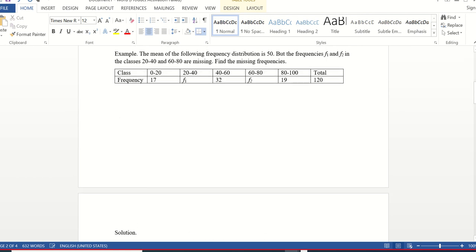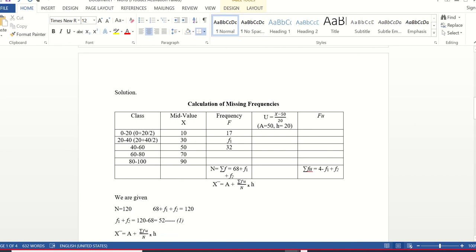I'm not doing anything specific, just writing these values. Then we have F2, and then the last frequency is 19, given to us in the question.